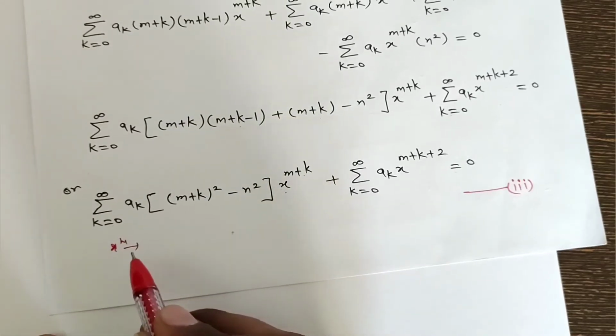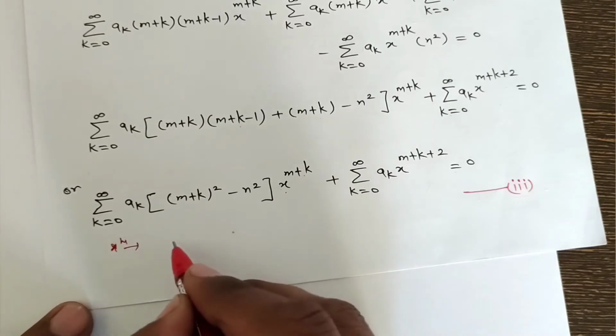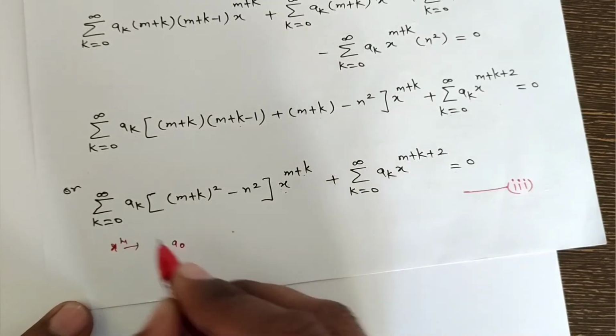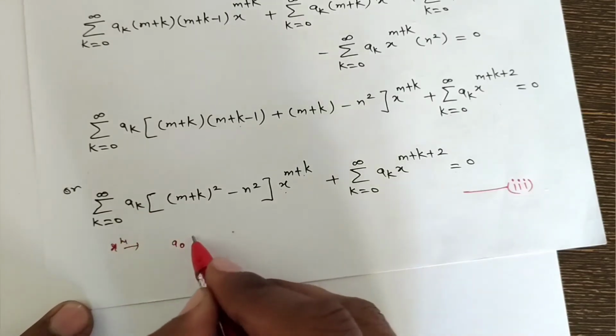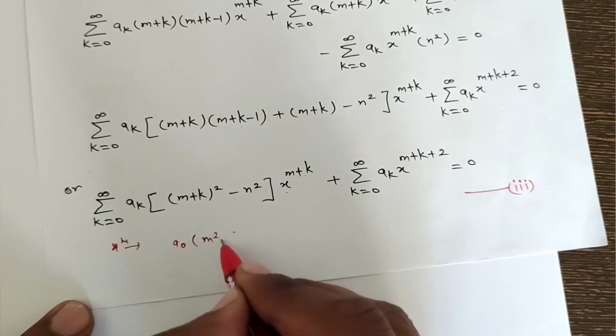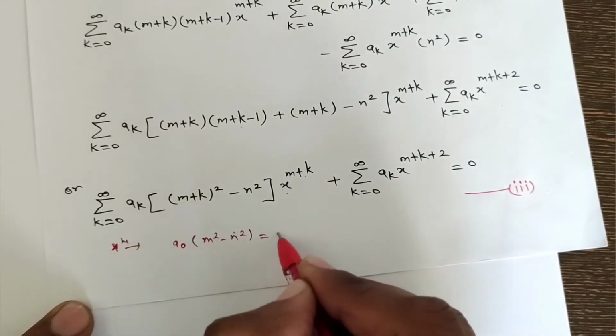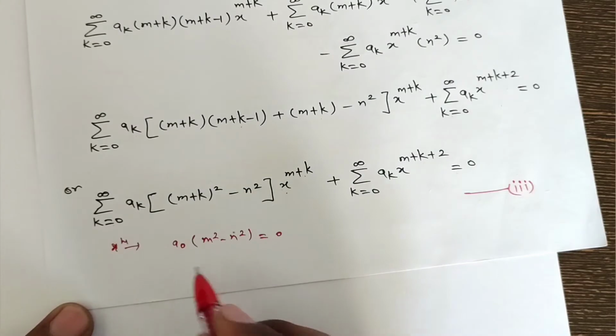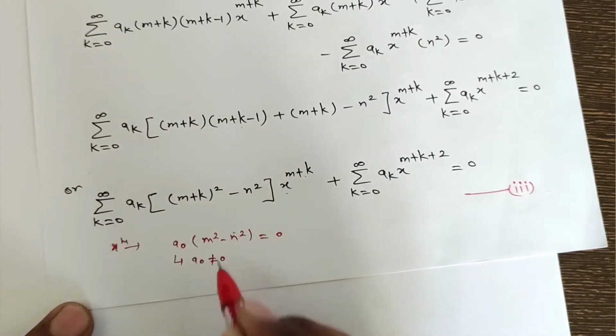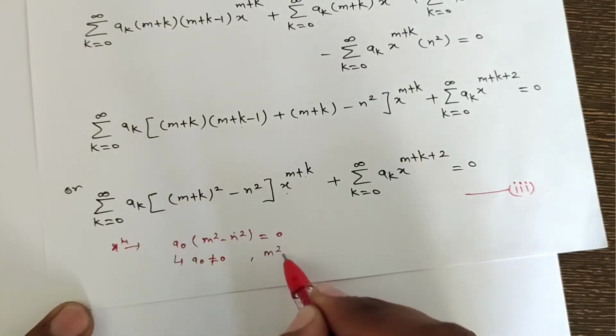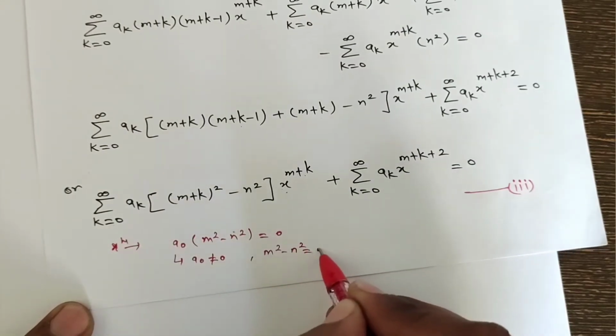When we equate the coefficient for this lowest power to 0, we will have a naught, because we are putting k equals to 0, into m square minus n square equals to 0. The earlier assumed condition is a naught must be non-zero. So if a naught is non-zero, the only possibility remaining is that m square minus n square must be 0.